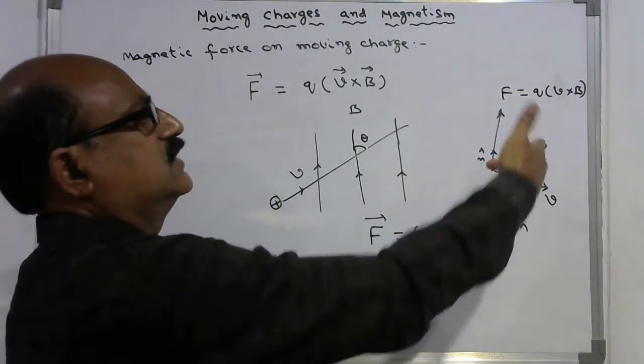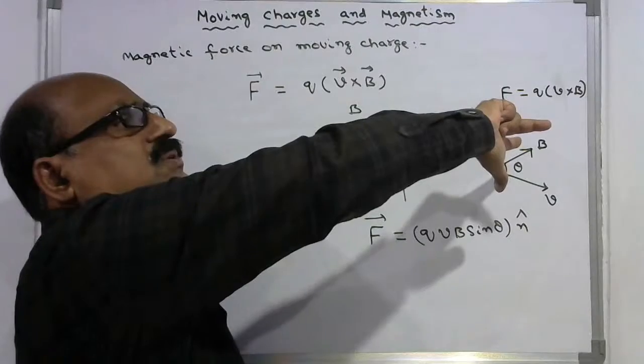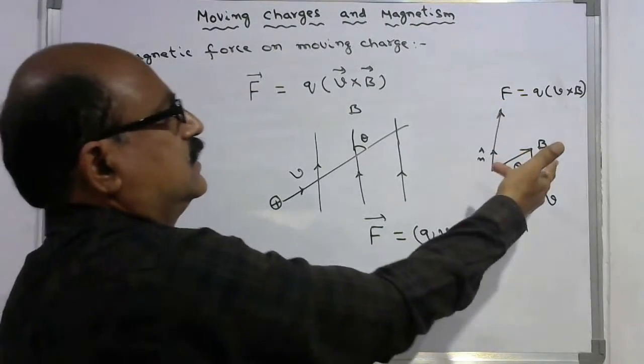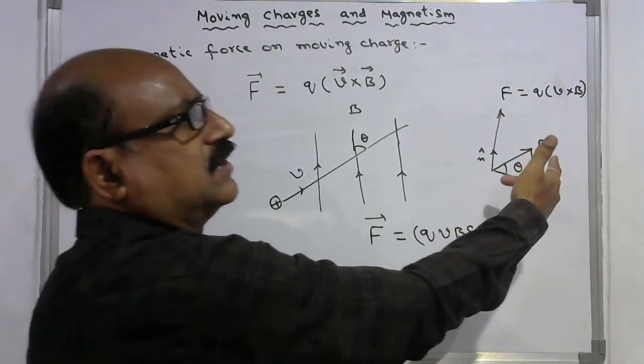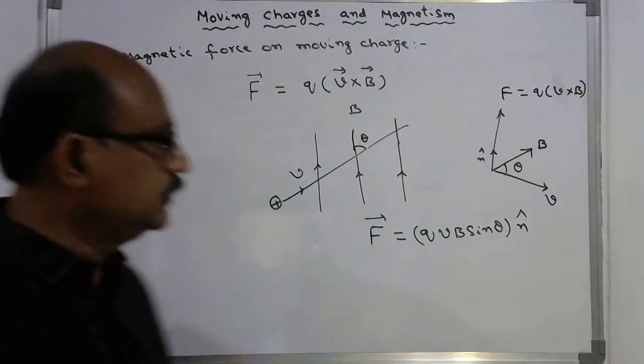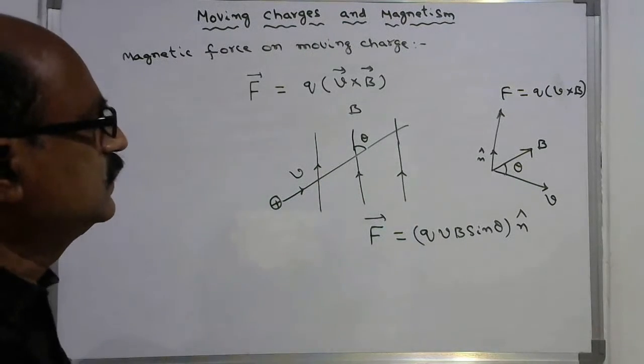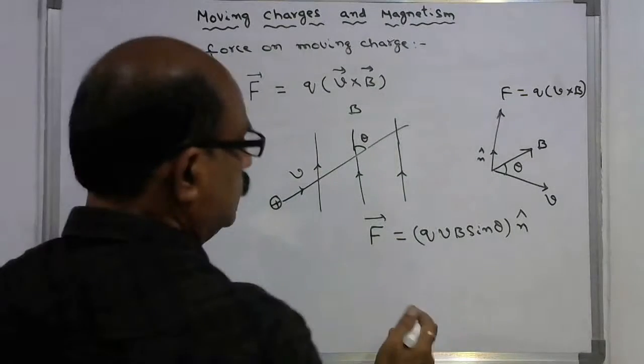So if the direction changes, automatically the direction of force will also change. Yes, this is a cross product. We can explain this with the right hand thumb rule.